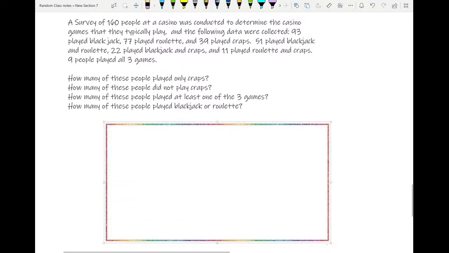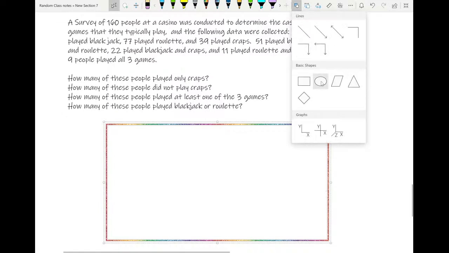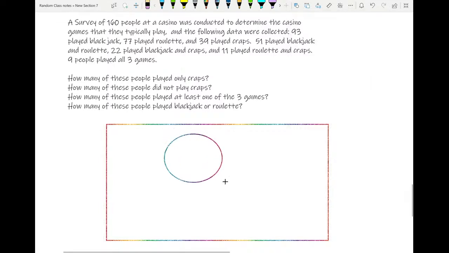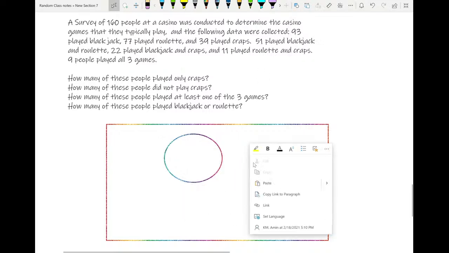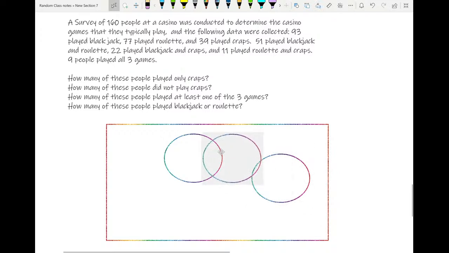So let me make a Venn diagram with 3 sets. Let's do circles. I can copy and paste. Copy, paste, boom.